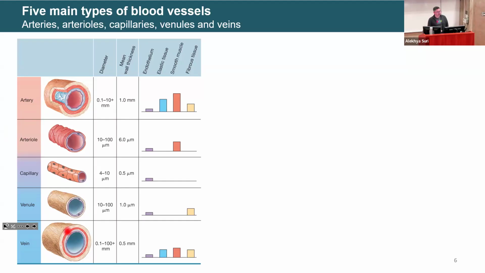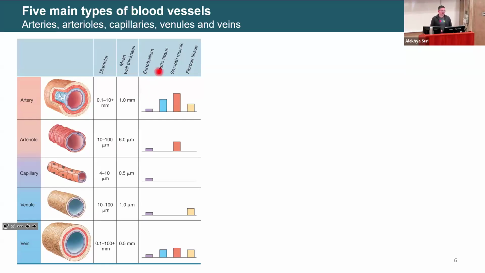So this grid basically shows you the general range of diameters of these blood vessels, the mean thickness of the wall of these blood vessels, and these graphs on the right side basically tell you the relative proportion of the different tissues that are found in blood vessels.